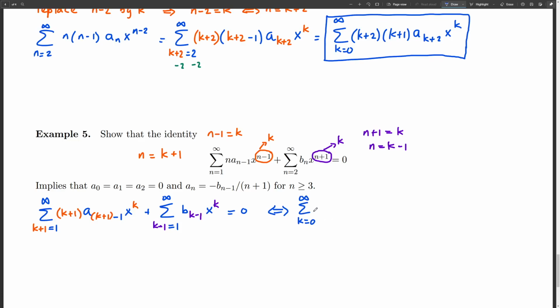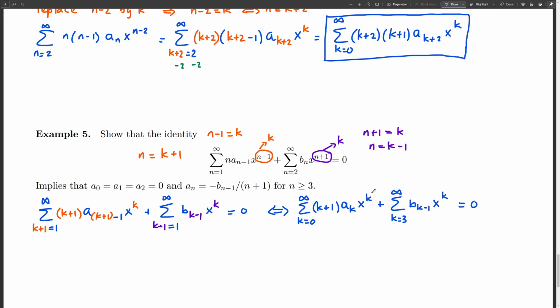And then we have k plus 1 times a sub k times x to the power k, and then plus summation k equals 3 to infinity of b sub k minus 1 times x to the power k, and that equals 0.